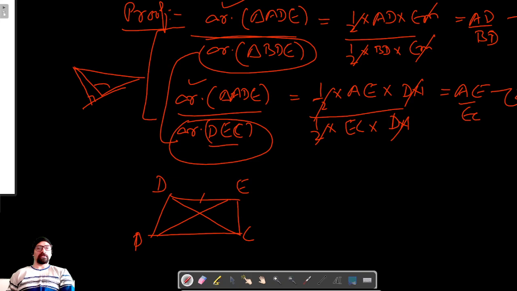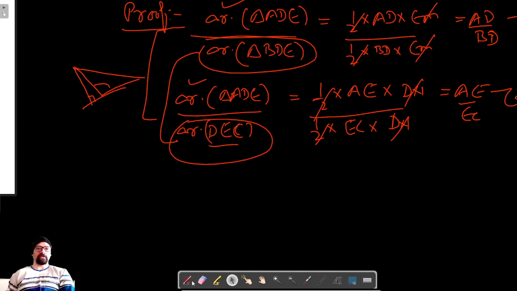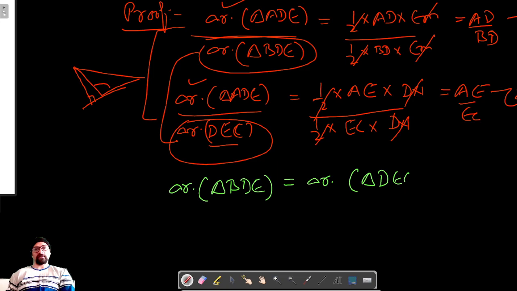We know from earlier classes that triangles on the same base and between the same parallels are equal in area. So area of triangle BDE is equal to area of triangle DEC.